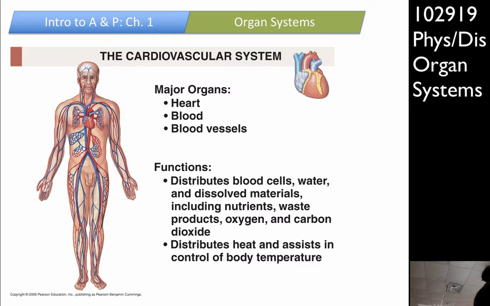By directing the blood to the periphery, you can radiate heat and cool the body off, or you can direct it away from the periphery into the core and conserve heat. So the cardiovascular system has a big role in regulating body temperature by where it's locating the blood in the body.